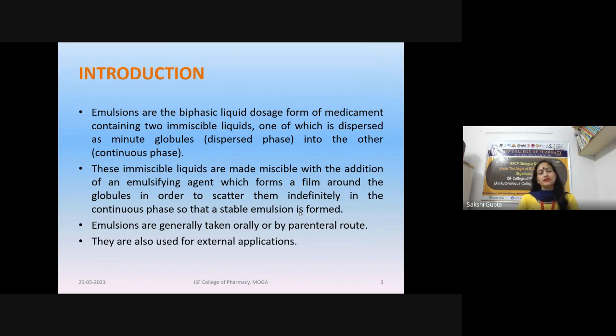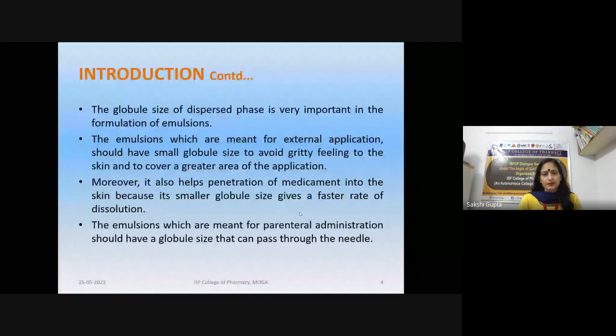Emulsions are generally taken orally or by parenteral route, or for external application, and by rectal route also. The globule size in case of emulsions is very important, as a very small globule size will avoid the gritty feeling to the skin and will cover a greater area of the application.